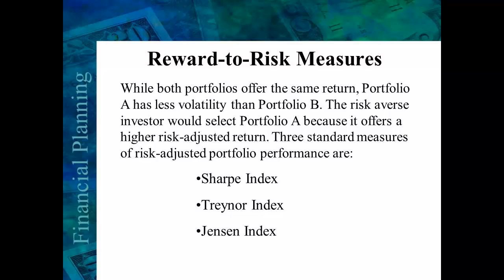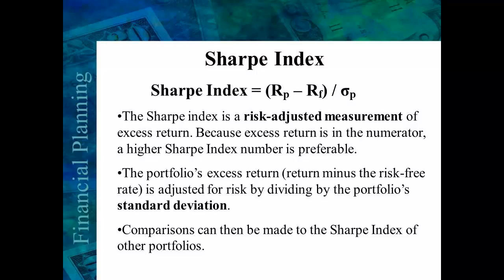Three standard measures of risk-adjusted portfolio performance are the Sharpe Index, the Treynor Index, and the Jensen Index. The formula for the Sharpe Index is the return of the portfolio minus the risk-free rate, divided by the standard deviation of the portfolio. Notice that the index is a risk-adjusted measure of excess return.